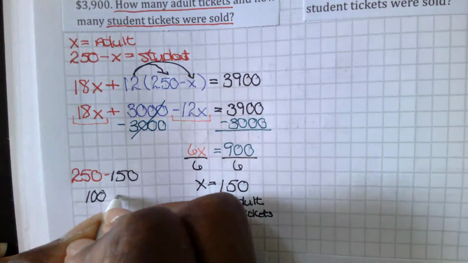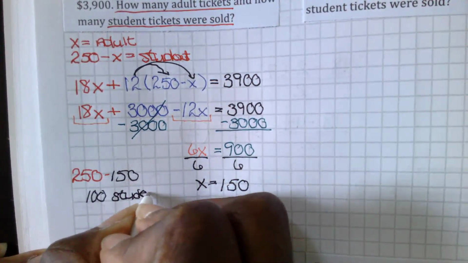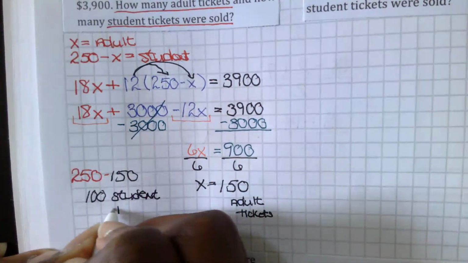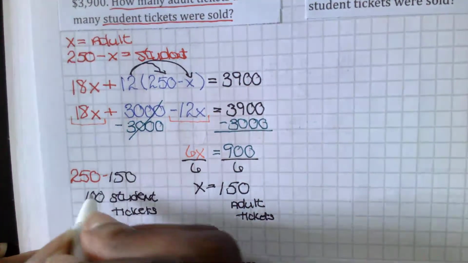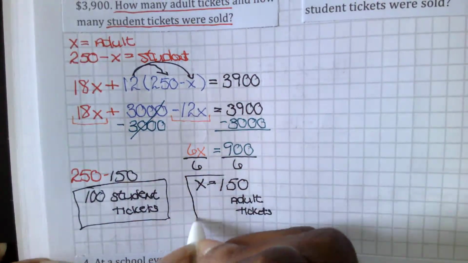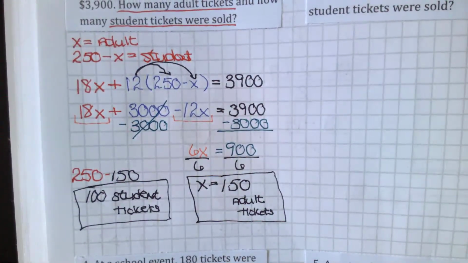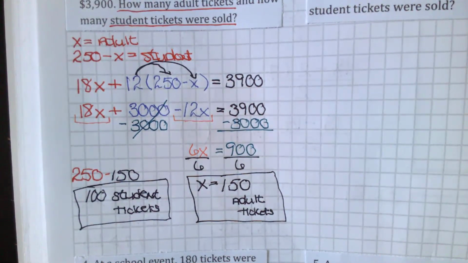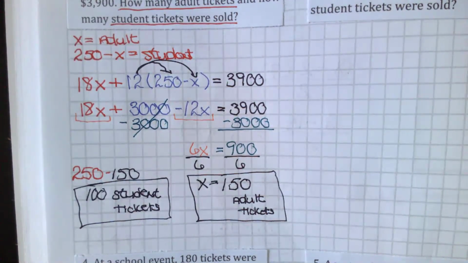And this is our student tickets. So that's how many student and how many adult tickets there are. Okay, so again, this is just one way of doing it.